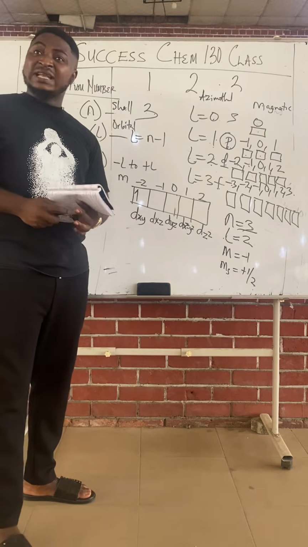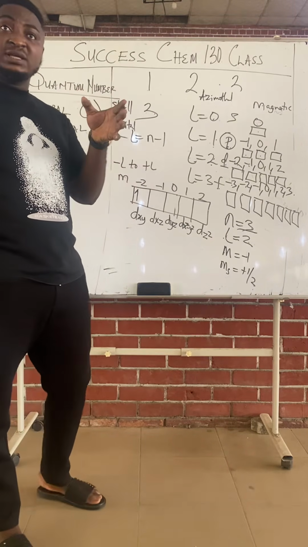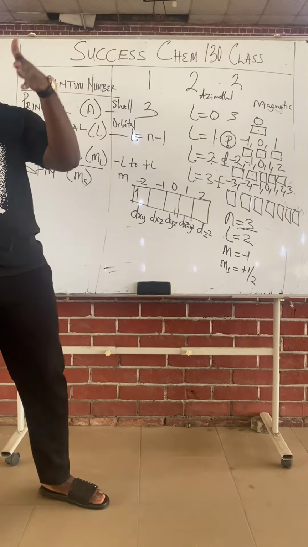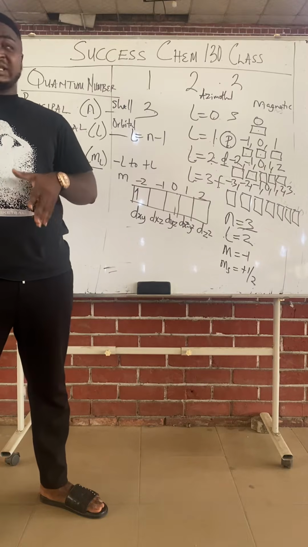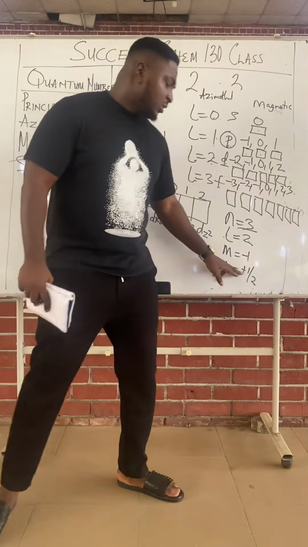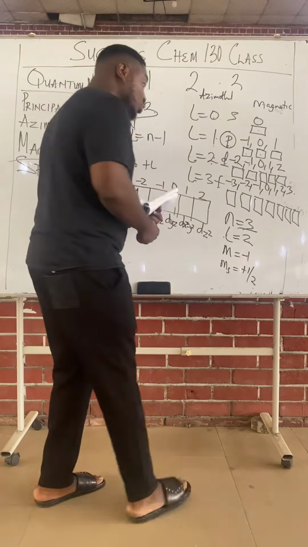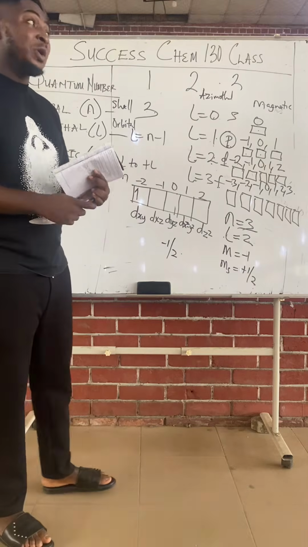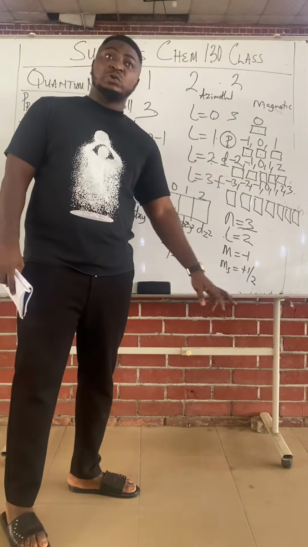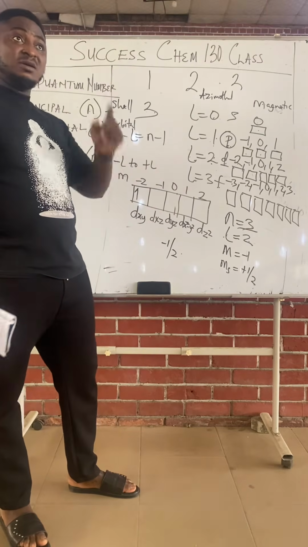I think on Saturday I also told you that electrons have 2 possible orientations in the block, right? You have the upward orientation or the downward. The upward is also called clockwise, the downward also called anticlockwise. We use plus 1 over 2 to represent the upward direction and minus 1 over 2 to represent the downward. So anytime they give you a spin of plus 1 over 2, just know that the electron in the block is orientated up.